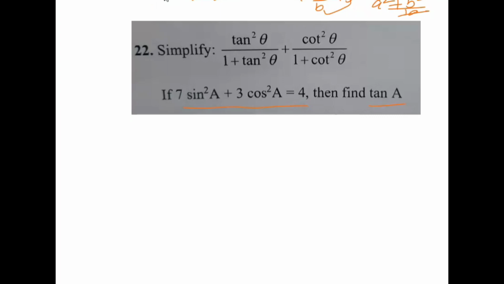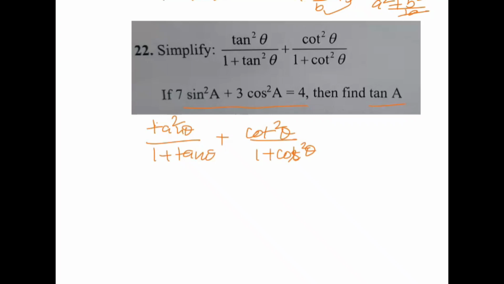So tan A is tan square theta upon 1 plus tan square theta plus cot square theta upon 1 plus cot square theta.